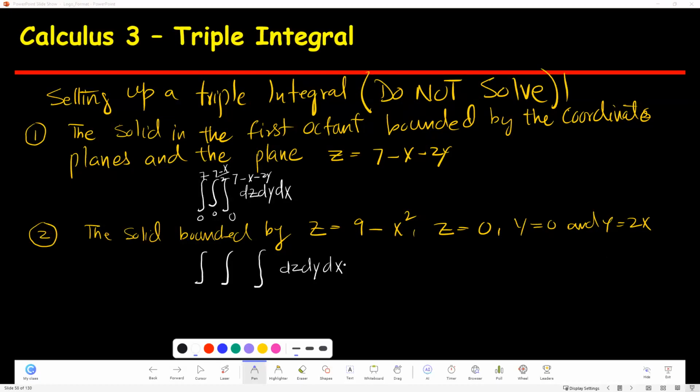Let's pause this video maybe. You need to try on your own. Here it is pretty simple. This z is given, so I'm going to say z goes from 0 to 9 minus x squared.